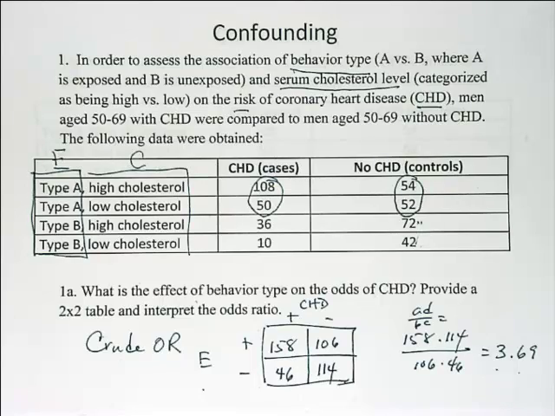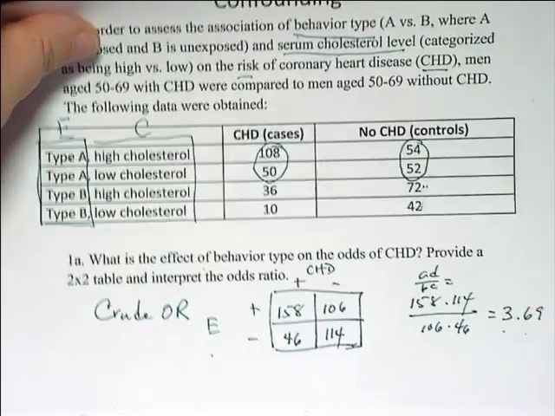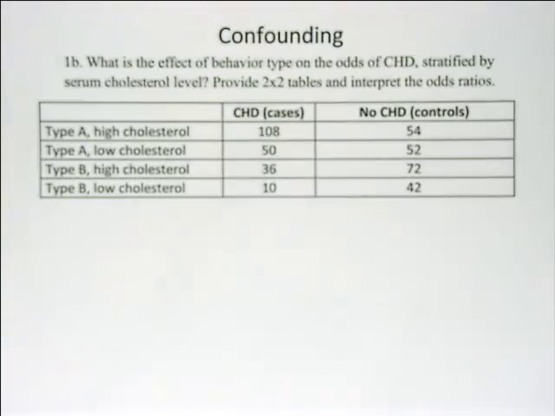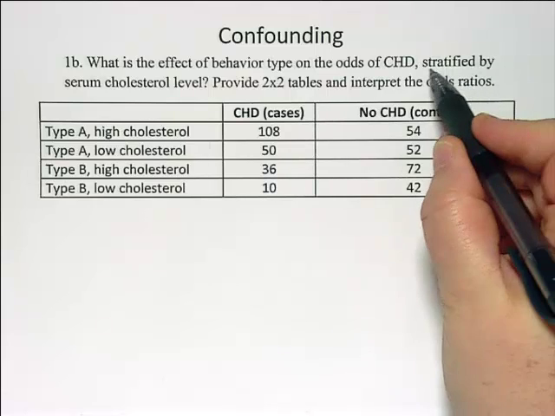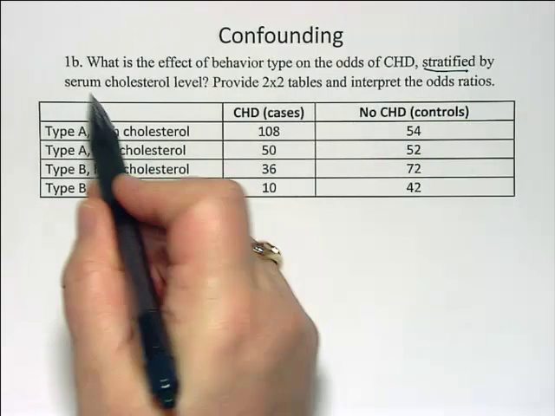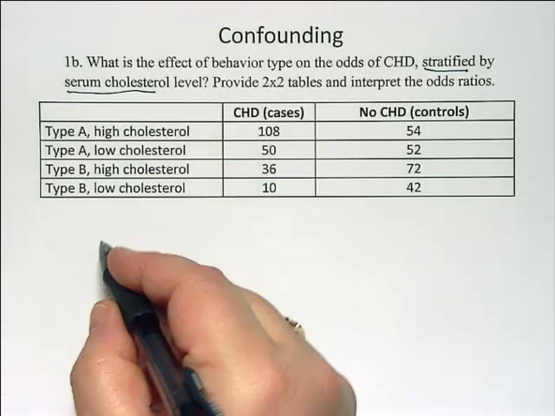Well, what if that association is actually affected by people's cholesterol? And how would we know that? Well, the very first step is to stratify by the confounder. If we go back to this original table that has that data and we now stratify by the confounder, in this case serum cholesterol, what does it basically mean?